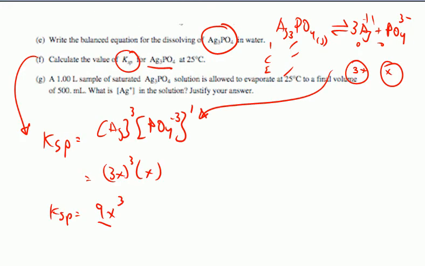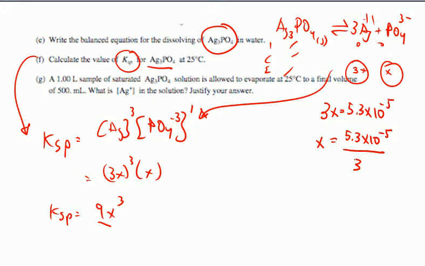Well, let's go back and look at what that means. That means that 3x equals 5.3 times 10 to the negative fifth. So x equals 5.3 times 10 to the negative fifth divided by 3.